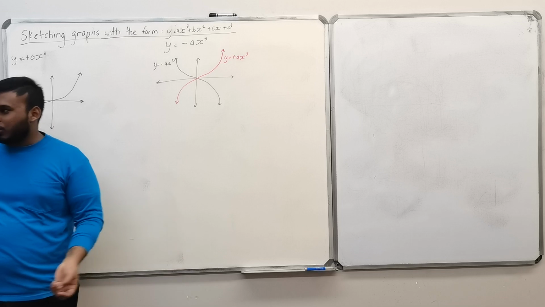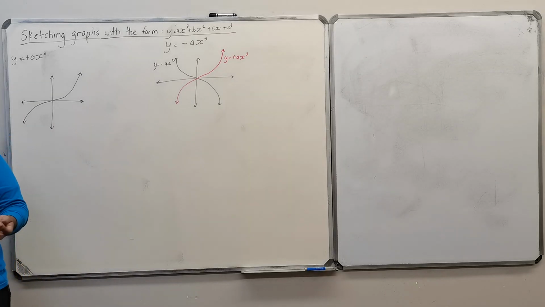Then we learned the product rule. Your product rule says that dy over dx is equal to u times dv over dx plus v times du over dx. And then we also did the quotient rule. Quotient rule is for dividing. Then we did maximum and minimum turning points.